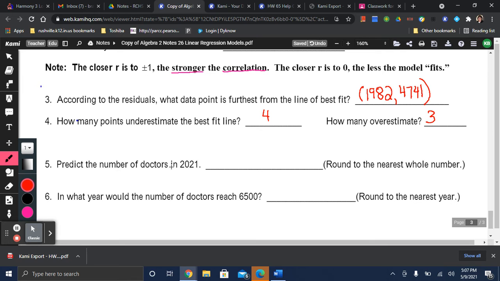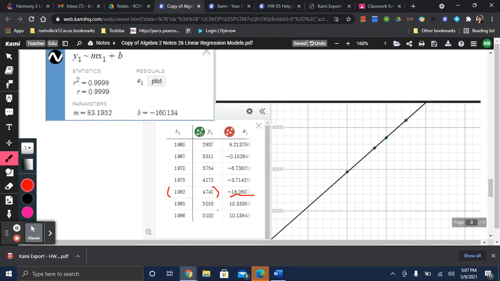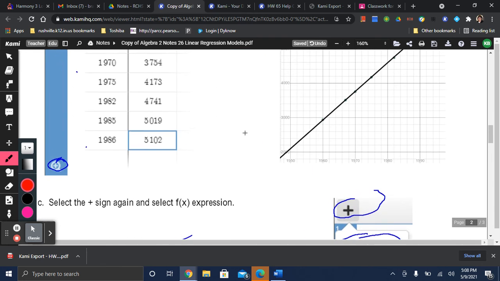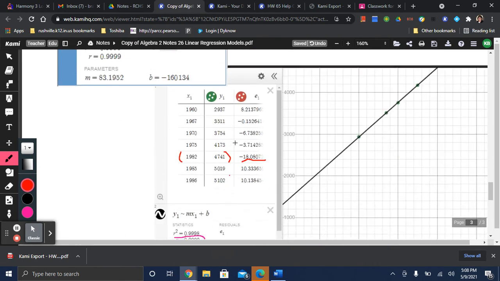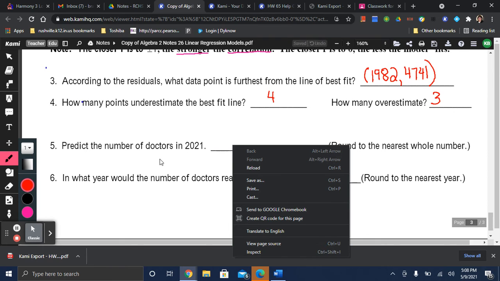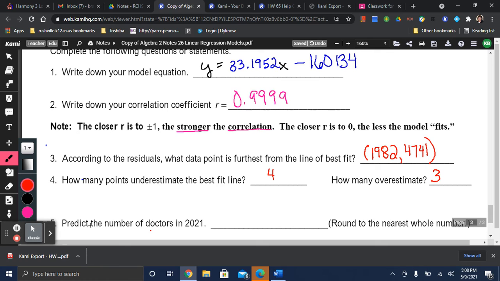So it says predict the number of doctors in 2021. So if this trend continues, and by the way, this data is a little outdated, so you have to take your results with that in mind. But if we use our best fit line, you would have Y, which is your number of doctors, equals, we would use our best fit line, so 83.1952.